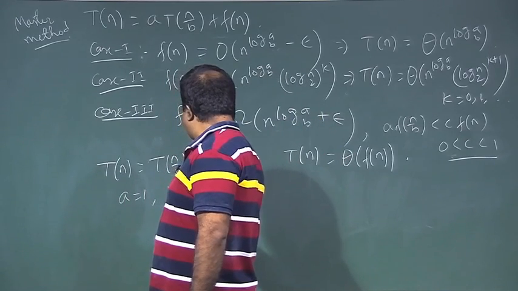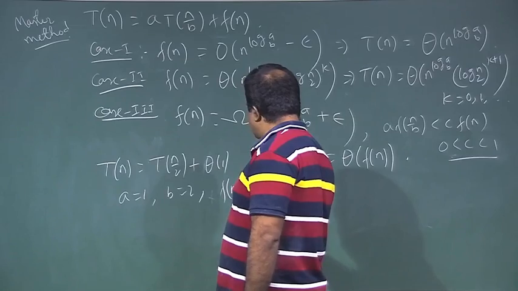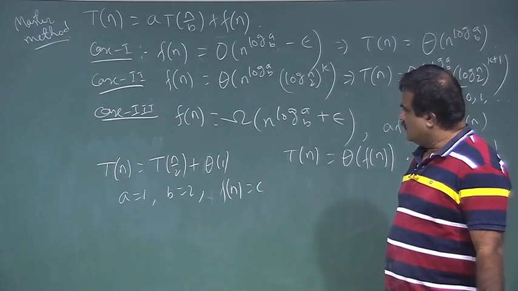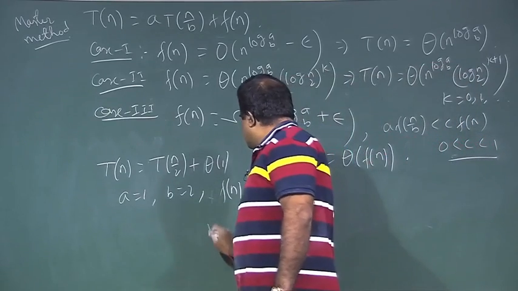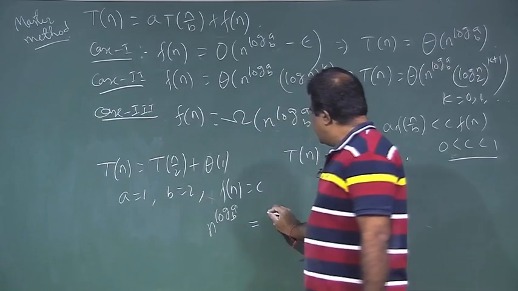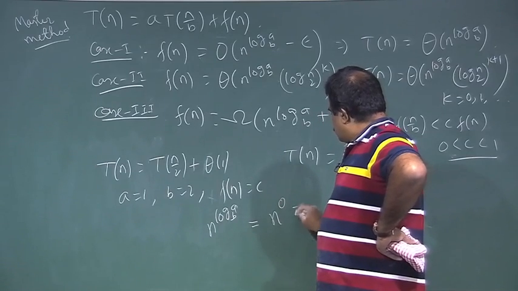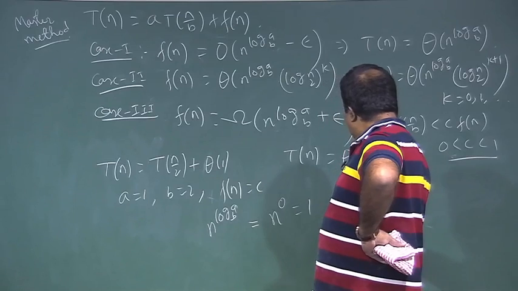What is b? b is 2. And what is f(n)? f(n) is a constant, theta of 1. Now, we need to calculate n to the power log a base b. This is basically n to the power 0, so this is 1, and f(n) is also constant.